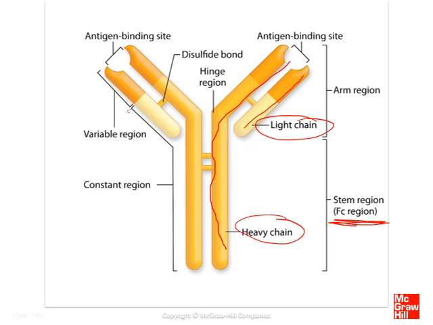The constant region is the rest of the Fc, which is going to include part of your arm chain. And then you have the variable region, and within that, you'll have your antigen binding site. And remember, there's going to be 2 for each one. And then your disulfide bonds. So get acquainted with this figure, because on the exam, you will have to either draw and label or just label a picture of an antibody.